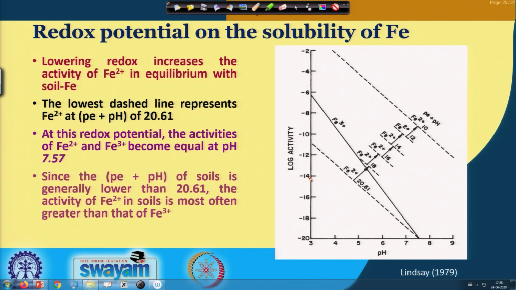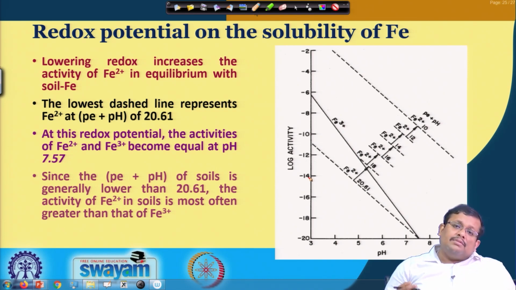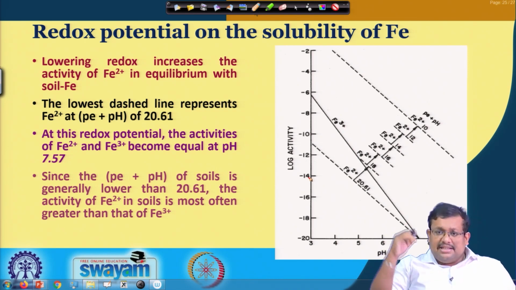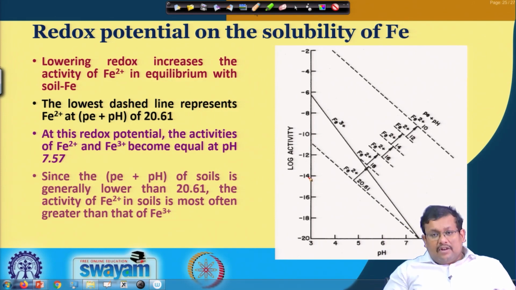When the redox potential is decreasing, the activity of Fe2+ in equilibrium is increasing because their solubility is increasing. We know that Fe3+, or ferric, will be converted to ferrous Fe2+ by accepting an electron. So, when reduction occurs and the redox potential is decreasing, Fe3+ will be converted to Fe2+, and as a result their solubility and their activity will increase.